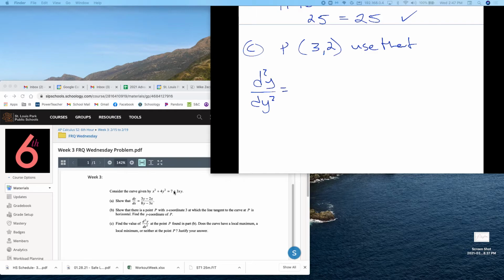Well, that's using this derivative. We're just going to do the quotient rule.